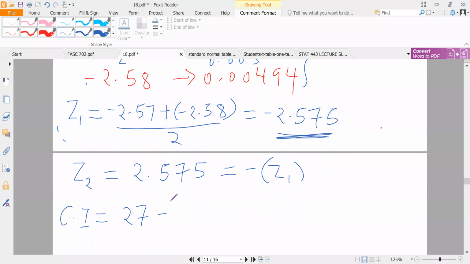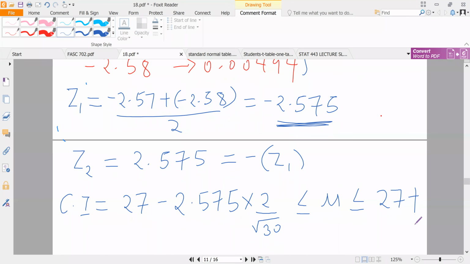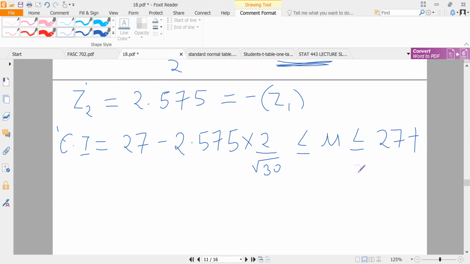So we are going to have minus 2.575 times sigma, which is 2, divided by the root of the sample size, less than or equal to mu, which is in turn less than or equal to 27 plus, this is the upper quantity, 2.575 times 2 over root n.